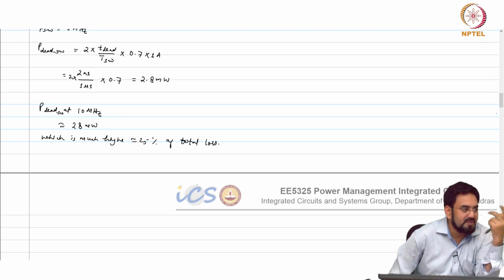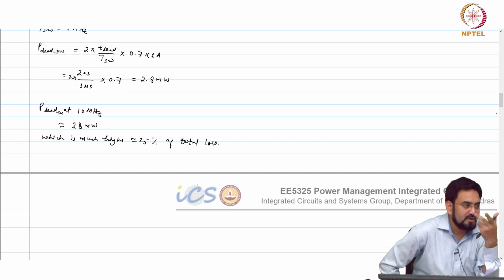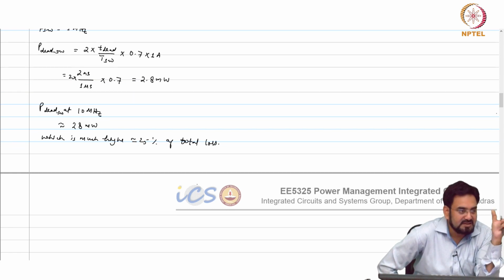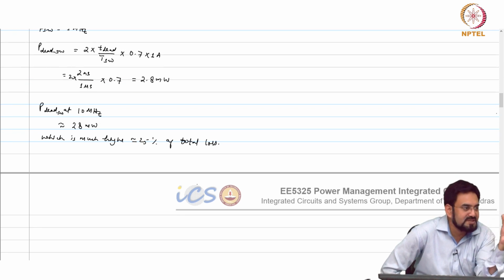So, when you are operating at 100 milliwatt kind of load power or output power, in that case, if you want to maintain 90% efficiency, the total loss budget you have is 10 milliwatt roughly. So, the 120 milliwatt now is scaled down to 10 milliwatt.